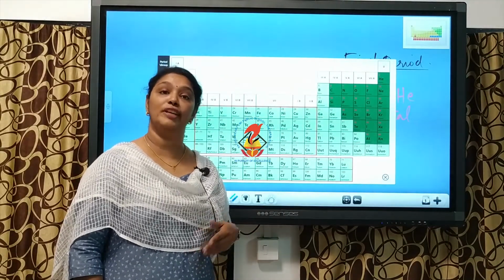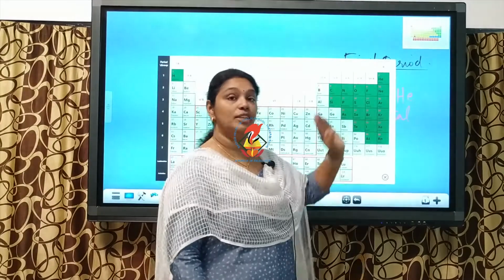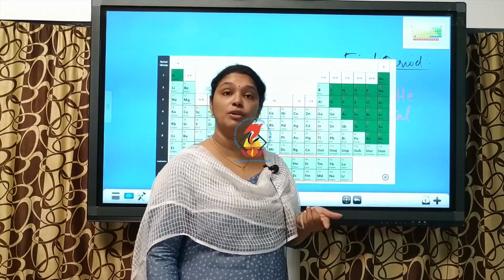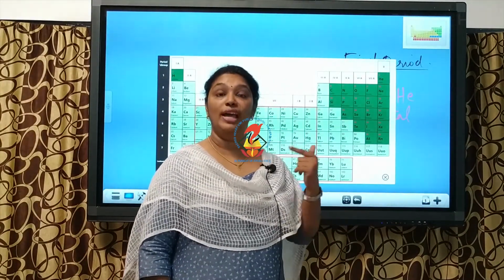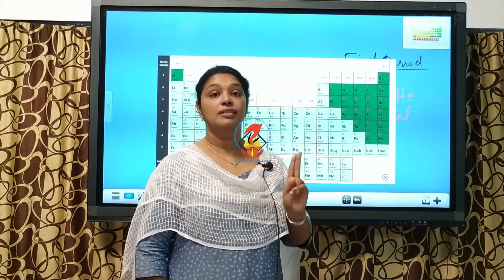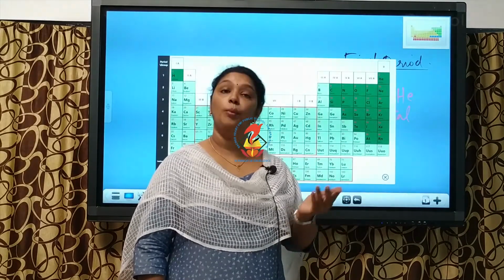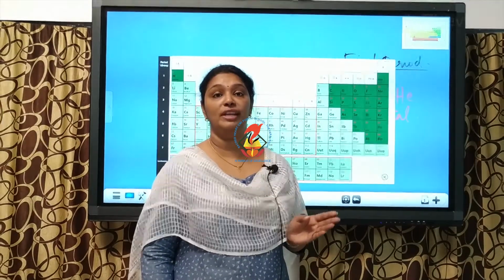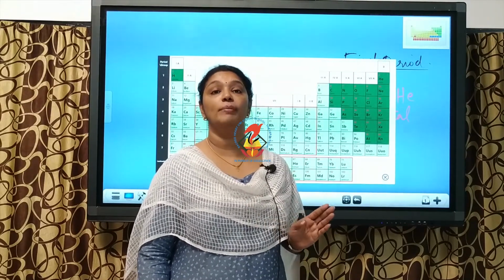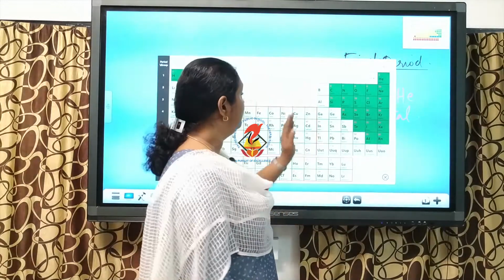So the electronic configuration of hydrogen is 1s1. Next comes helium with atomic number 2, means one more electron has to be added. And we know an orbital can hold a maximum of 2 electrons. So the second electron in helium will enter the 1s orbital. So the configuration is 1s2. Now the 1s orbital is completely filled. Okay, that is the first period.